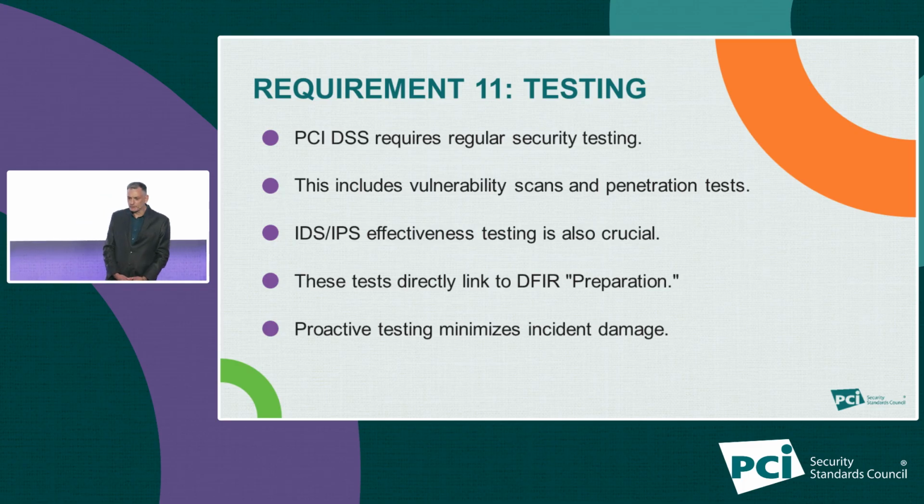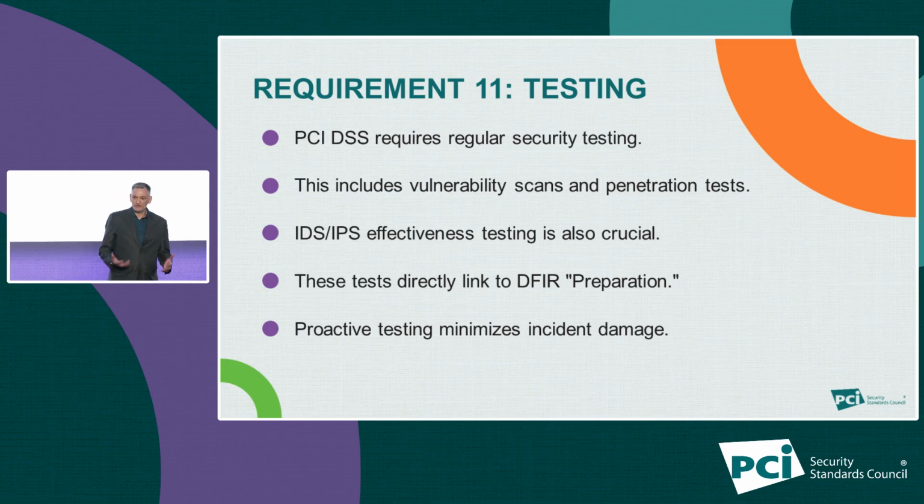By being proactive and identifying the vulnerabilities within your network in the first place, hopefully you avoid becoming a victim of a major incident. But if an incident should happen, the impact will be minimized.